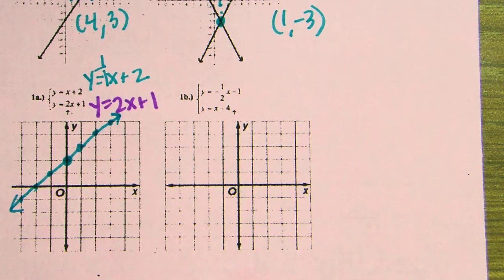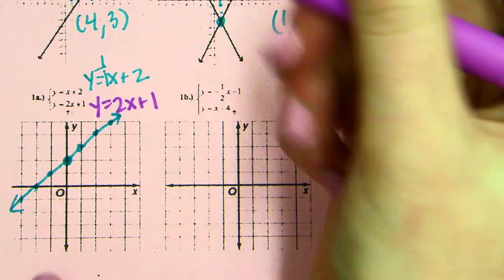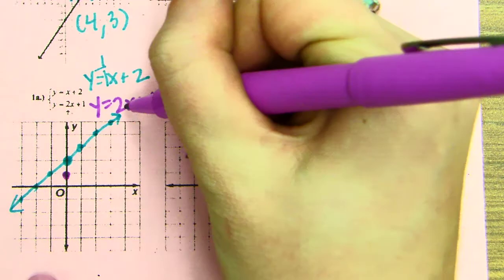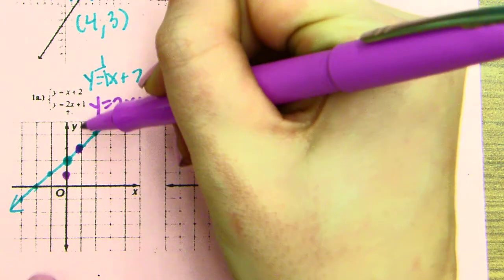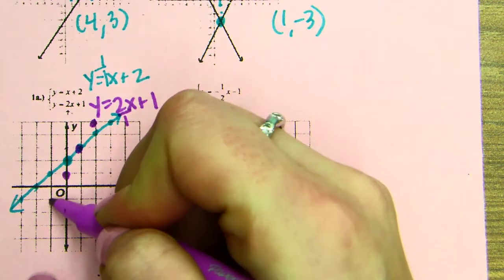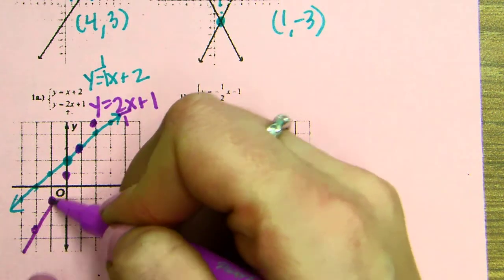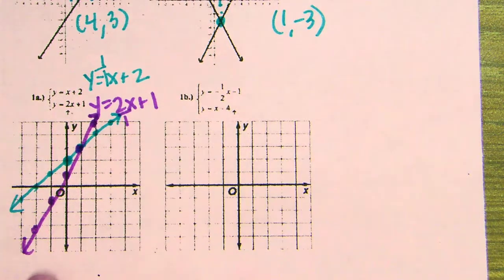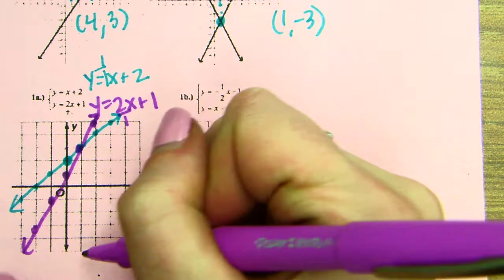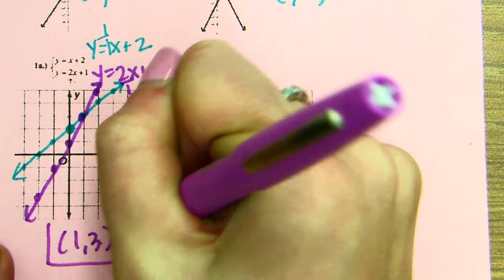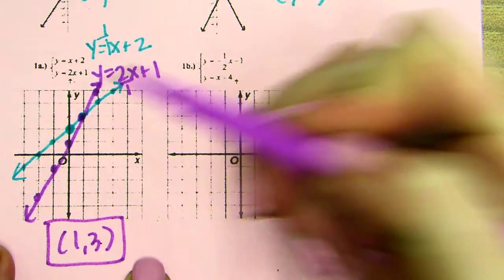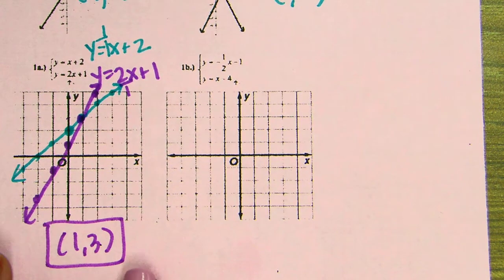For the purplish one, the y-intercept is positive 1 and the slope is 2. 2 as a fraction is 2 over 1, so I go up 2 to the right 1, up 2 to the right 1. I can keep going this way to make it more accurate. Remember, the solution is where they cross. The solution to this problem is (1, 3), because the lines cross when x is 1, y is 3.